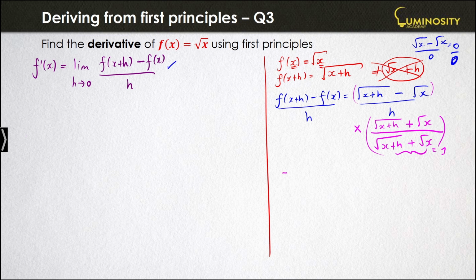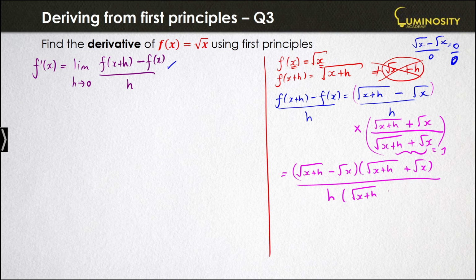So what does this become? Let's write it out neatly so we can see what we have. Square root of x plus h minus the square root of x, times the square root of x plus h plus the square root of x, all over, in the denominator on the left, h, and then times the square root of x plus h plus the square root of x. Remember, we're multiplying, so the denominators get multiplied as well. So let's expand this.